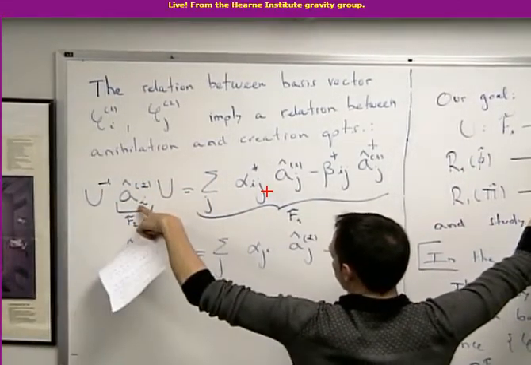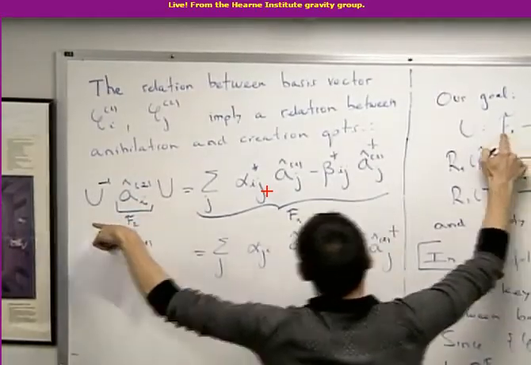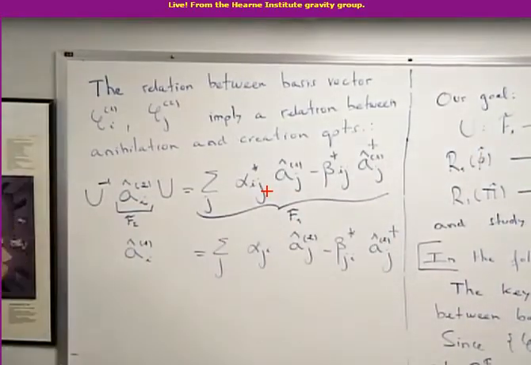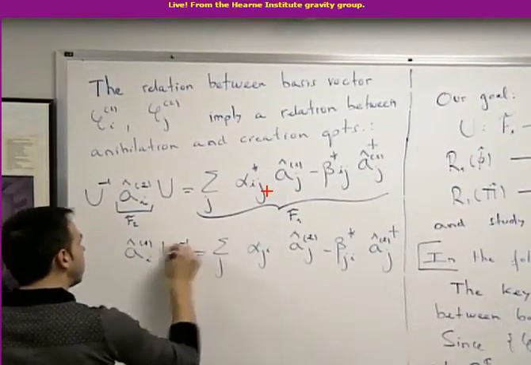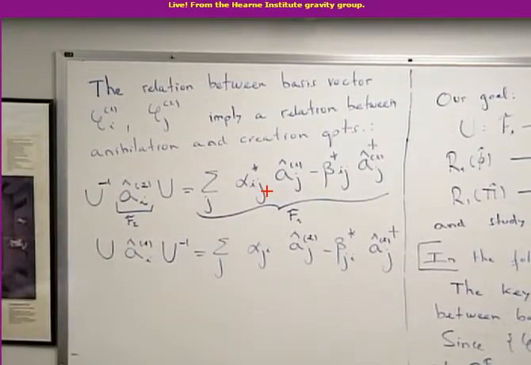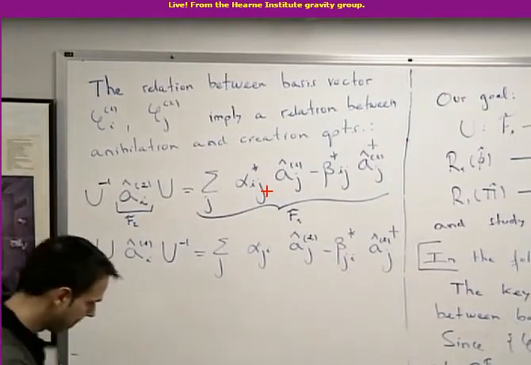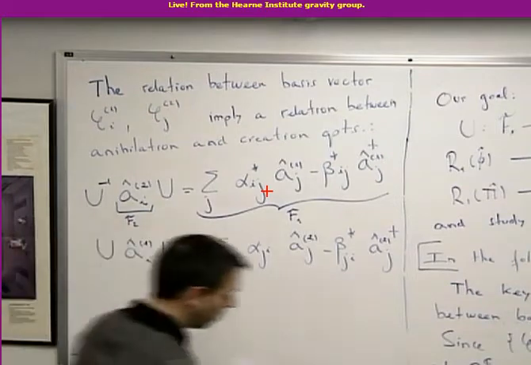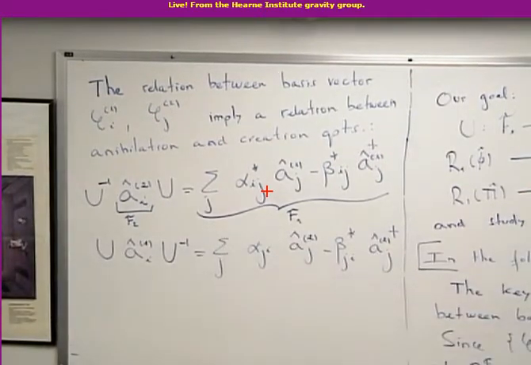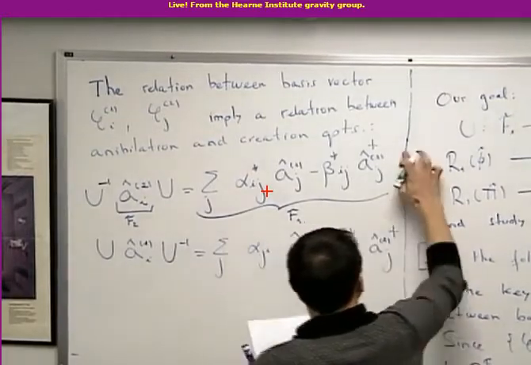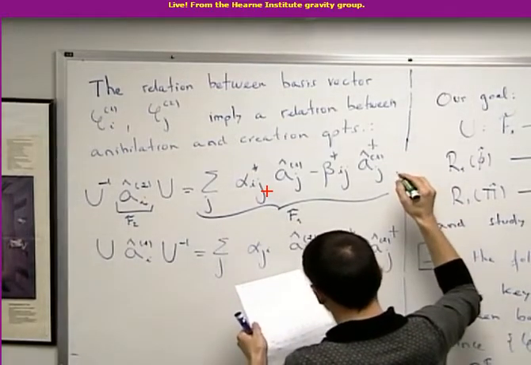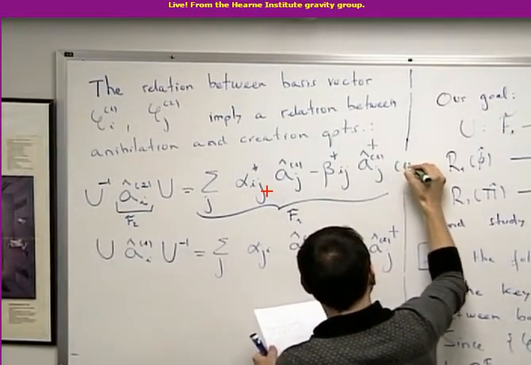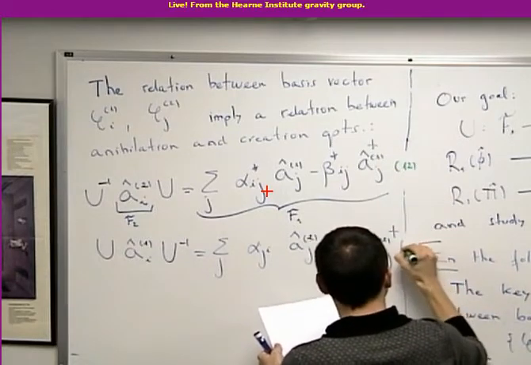You operate with A2 and then you go back to F1. Therefore, this equation is consistent. This equation is 12, and this equation is 13.